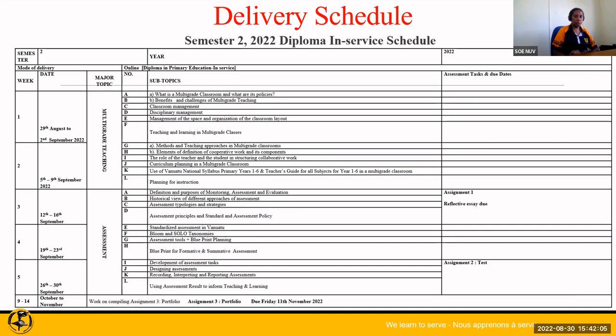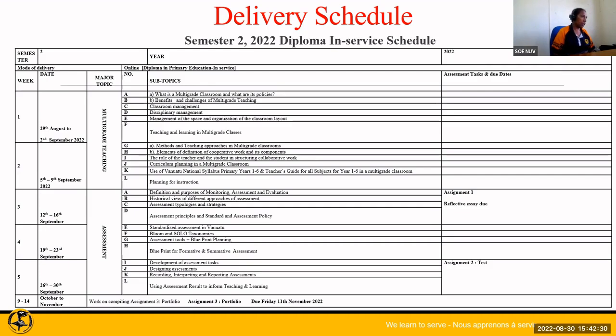Week 5 is 26th to the 30th of September. Weeks 9 to 14, we will not have any more sessions, but you will be working on your portfolio assessment, which is due on Friday, the 11th of November.